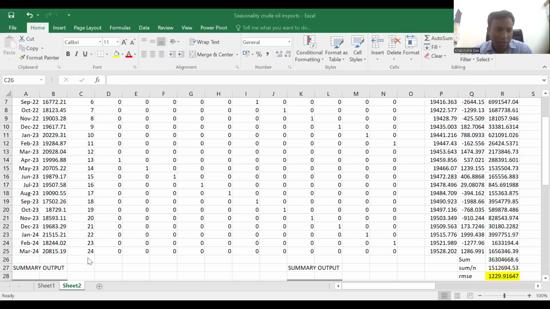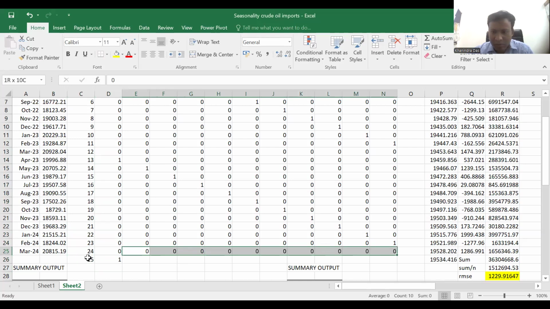So let's see that and close. For that, you will need to have the 25th month ready, and the 25th month would be April, and April is dummy 1, which will be 1, and the rest of the dummies will be 0.